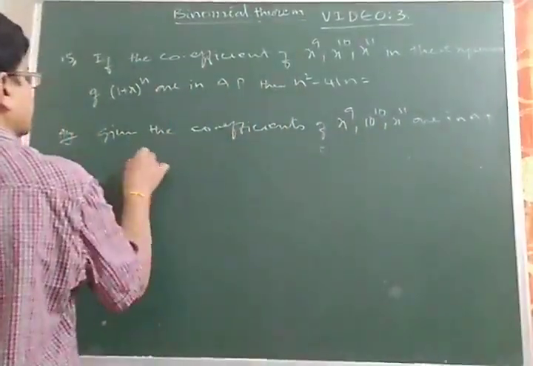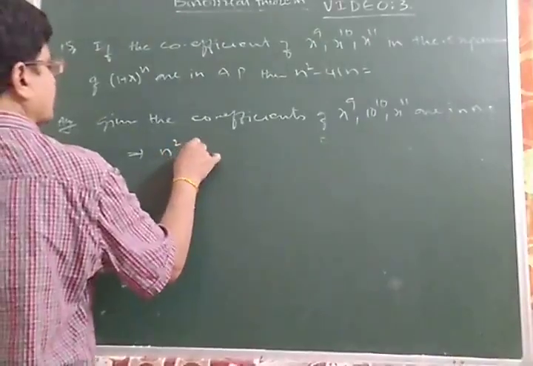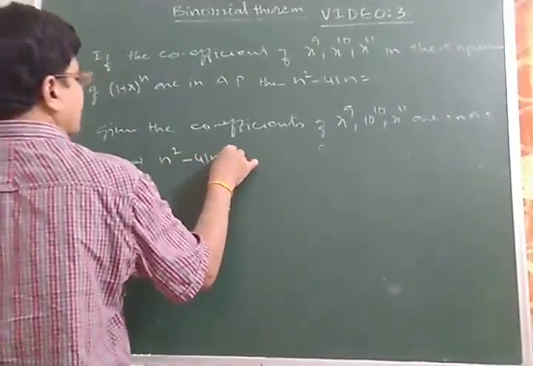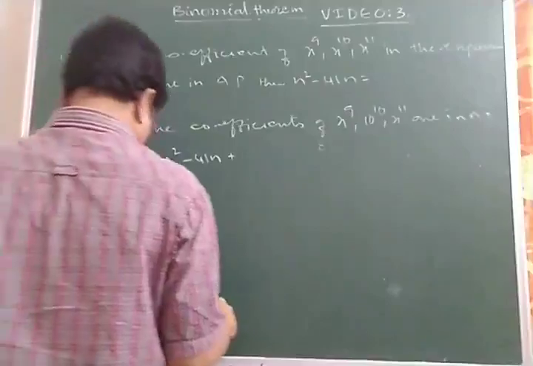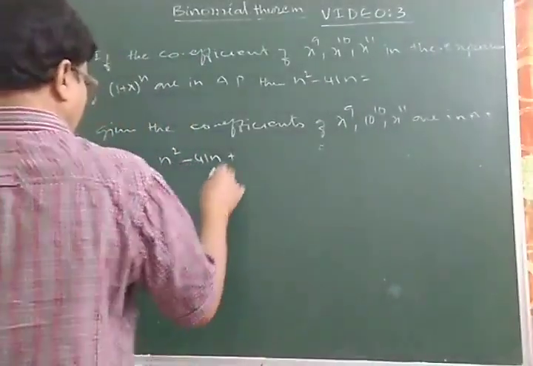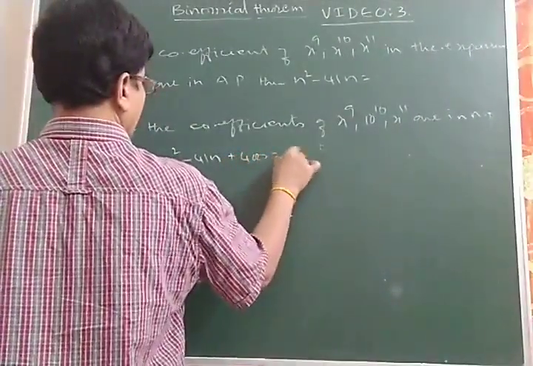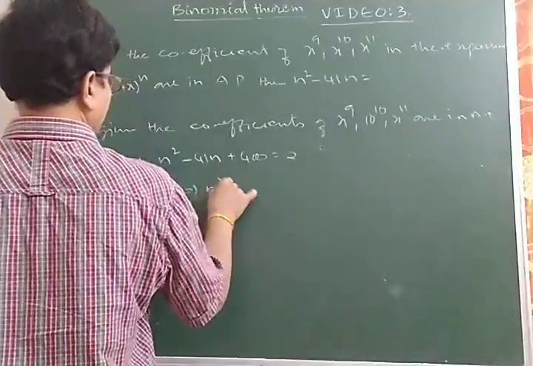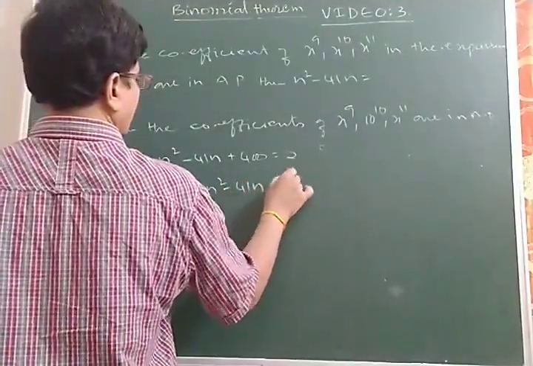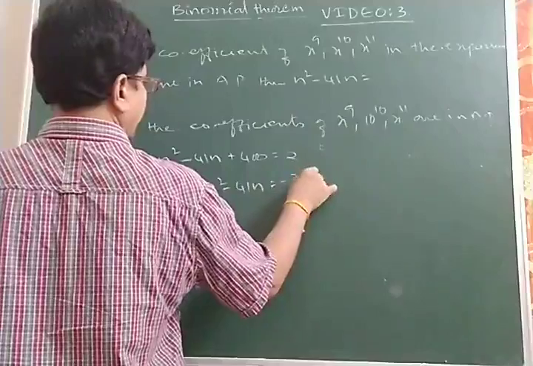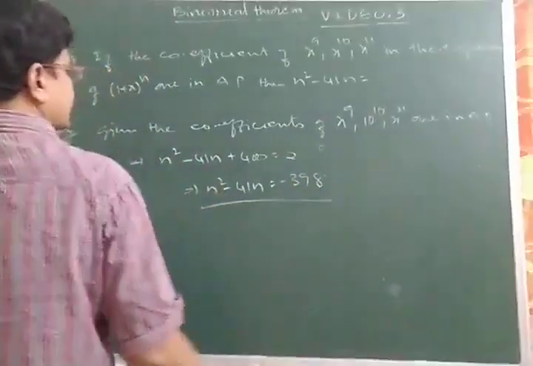That implies n² − 41n plus 400 is equal to 2. So that implies n² − 41n is equal to −398. This is the answer.